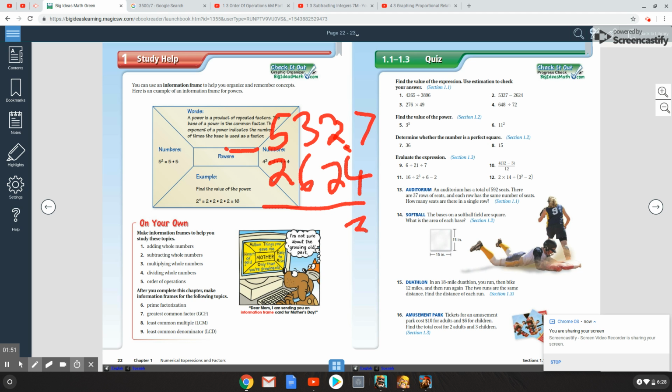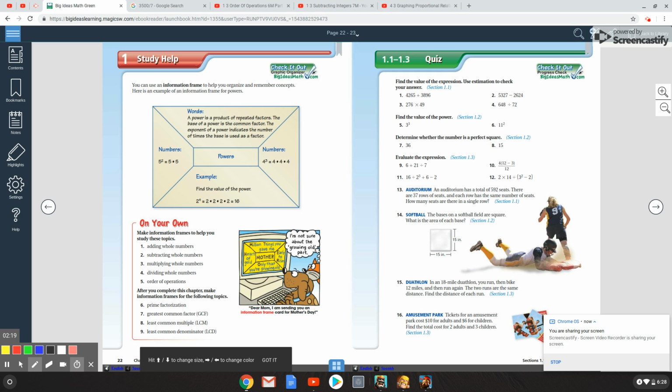So 7 minus 4 is 3, 2 minus 2 is 0, and 3 minus 6 is not possible, so we borrow. And then we do 13 minus 6, which is 7, and 4 minus 2, which is 2. So we get 2,703. So that's our answer for our second problem.